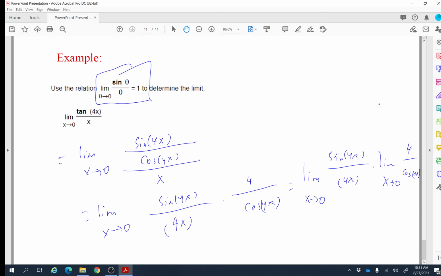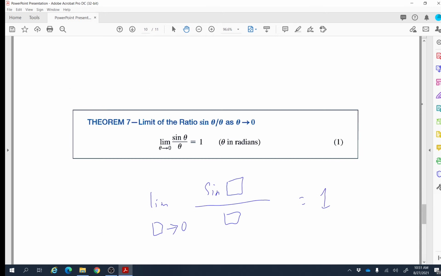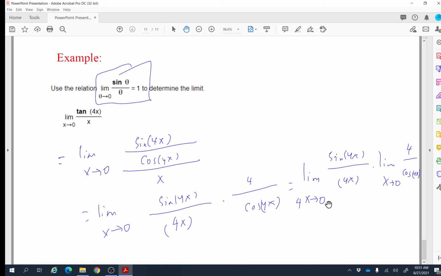So as you can see, when x approaches 0, we can also write that 4x approaches 0. You remember this box? I'm just putting 4x here. So when 4x approaches 0, sine 4x over 4x gives you 1.